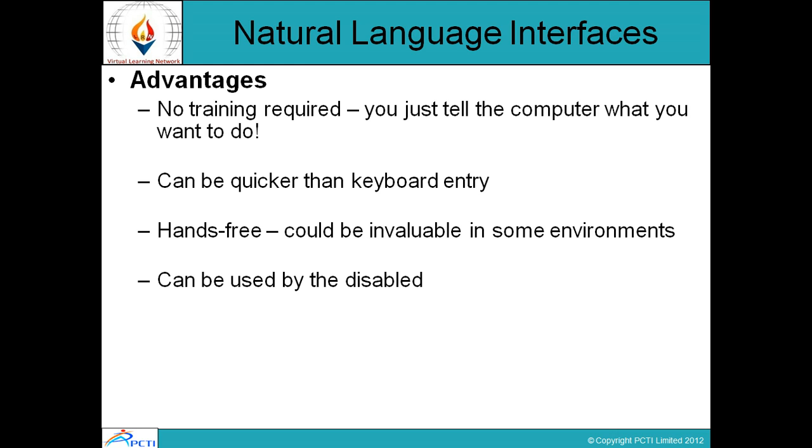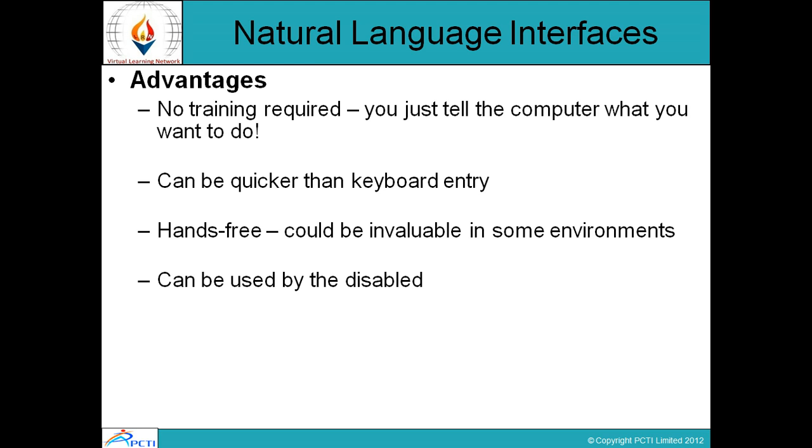It can be quicker than keyboard entry. If you are using natural language interfaces, then keyboard use can be less frequent. Hands-free could be invaluable in some environments. It can be used by the disabled.